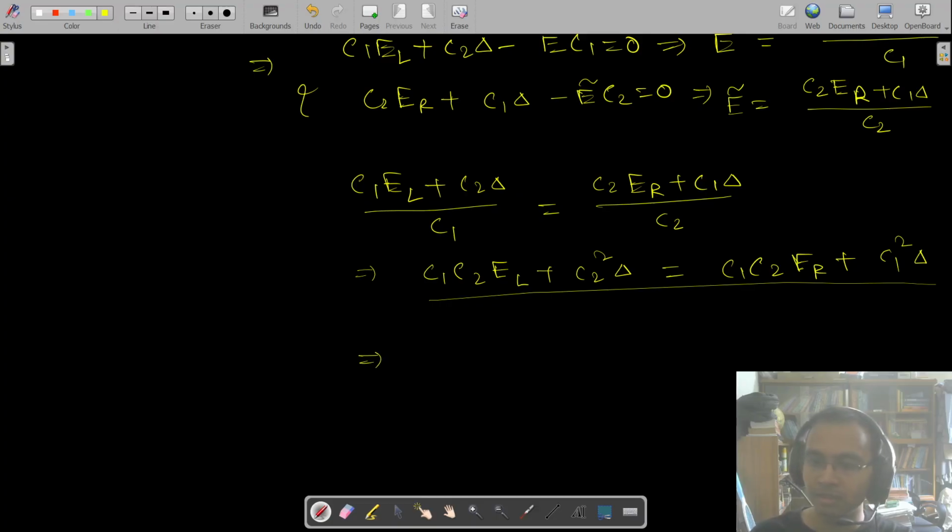This is a quadratic equation in C2 where we can take C1 to be constant, so let's do that.